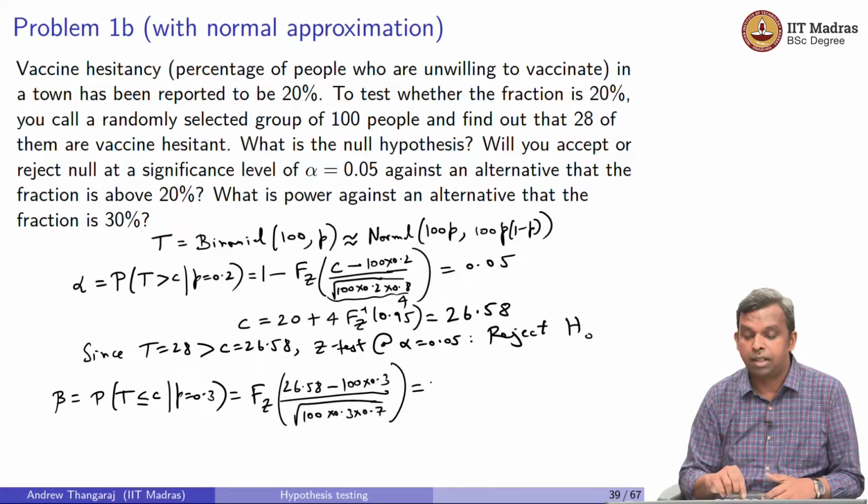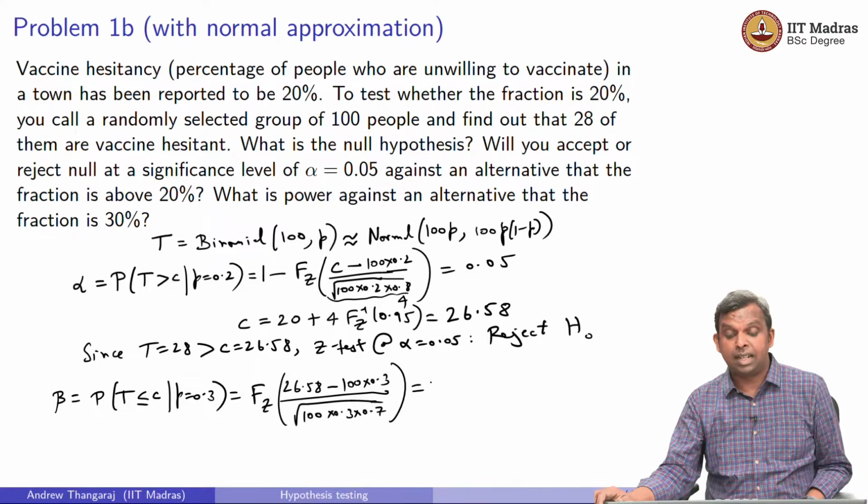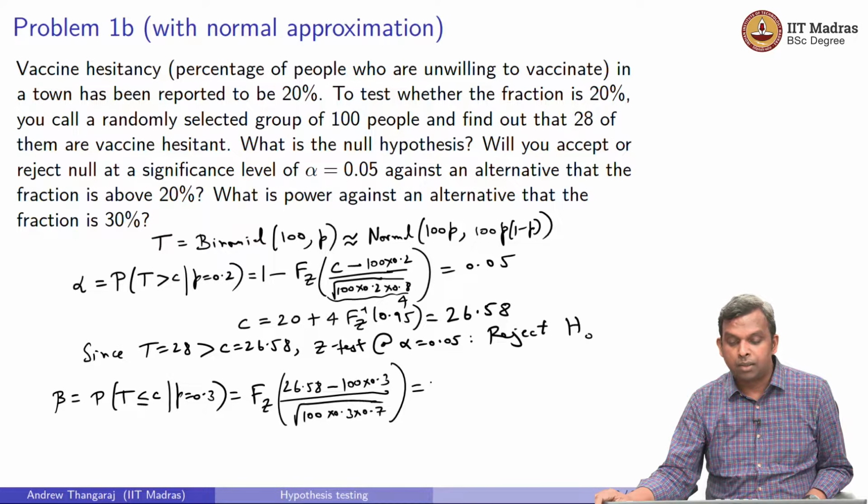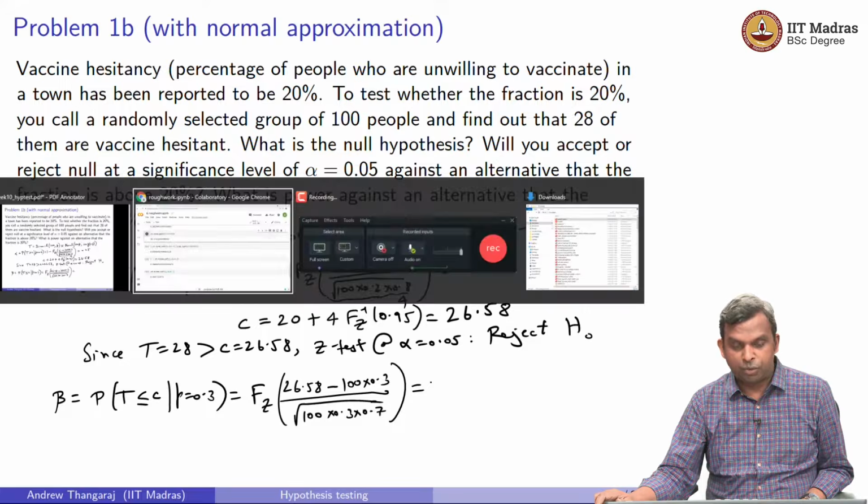So it's 26.58 minus 30 divided by the square root of 21. That's the probability of type 2 error.